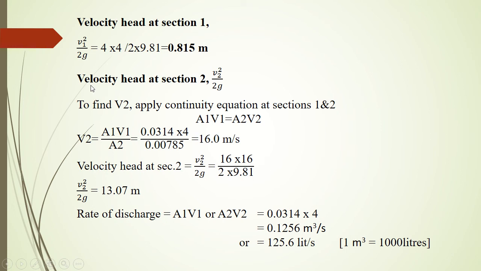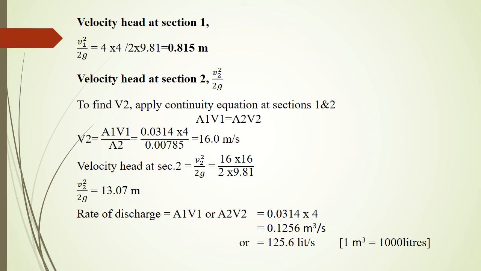The second thing that I want to calculate is the velocity head at section 2, that is v2 square by 2g. But there is one restriction: I don't know the value of v2, right? So to find the value of v2, I must make use of the continuity equation. What is the continuity equation?